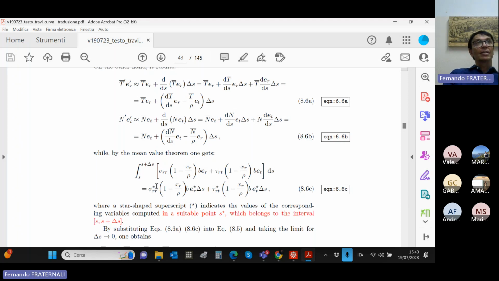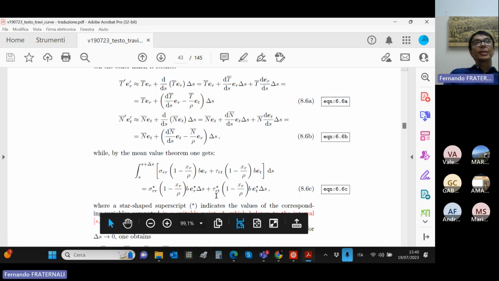So the star indicates the values computed at a suitable point in the interval between s and s plus delta s. Also AR is computed at a suitable point, and we obtain this expression.